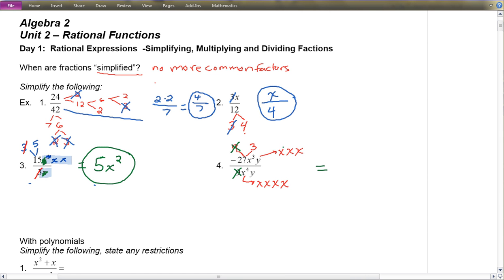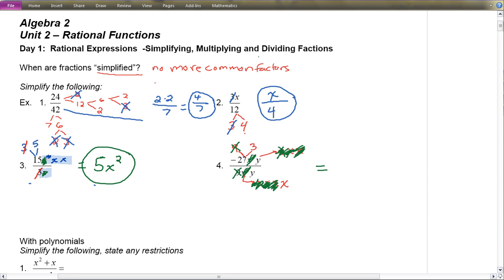Well, the first x will cancel out with the first x from the bottom. The second one could cancel out with the second one on the bottom. And the third one could cancel out with the third one that's on the bottom. So all that's left on top, this is the x cubed that we had canceled out. That's the x to the fourth that we had canceled out.